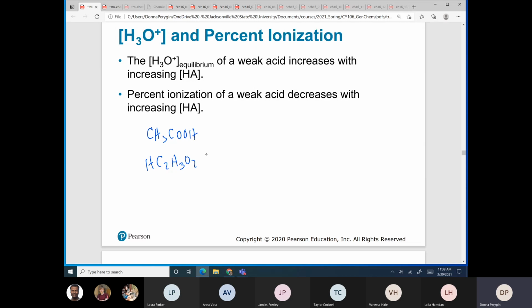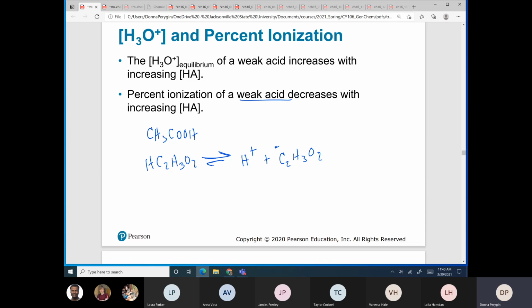Acetic acid in water, I'll leave the water out, goes to H plus and C2H3O2 minus. So that's an equilibrium problem because we just saw that that's a weak acid. So we get some forward reaction and we get some reverse reaction at equilibrium.